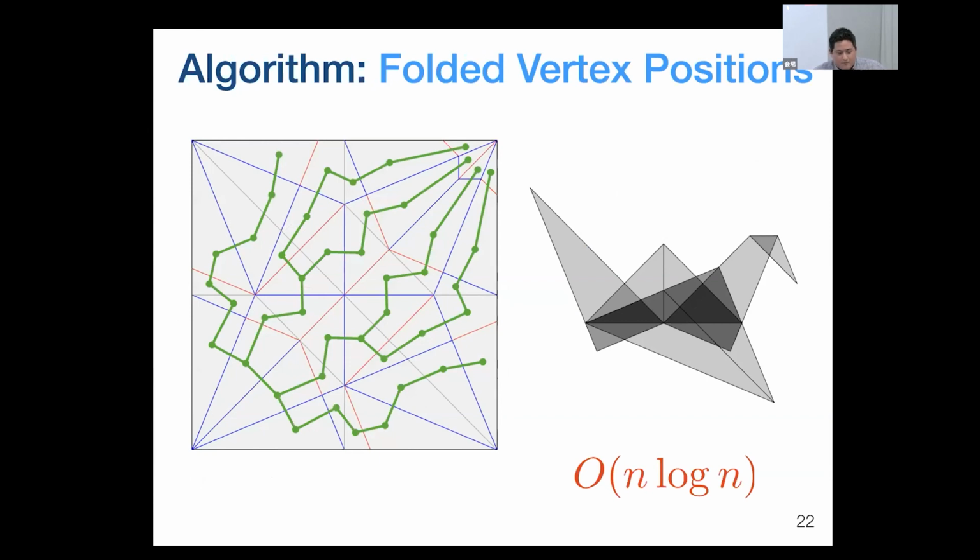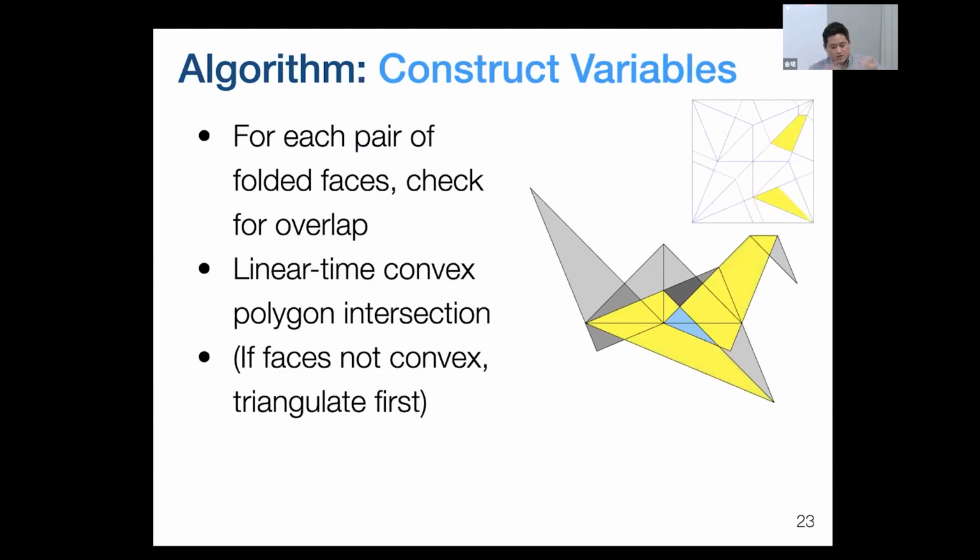So this part of the Flat Folder algorithm is exactly the same. We get those vertex positions, but we forego calculating the overlap graph, instead trying to compute the overlap orders on the pairs of faces directly. So first we construct the variables for each pair of faces. We construct their intersection or see whether they intersect. It's a binary.